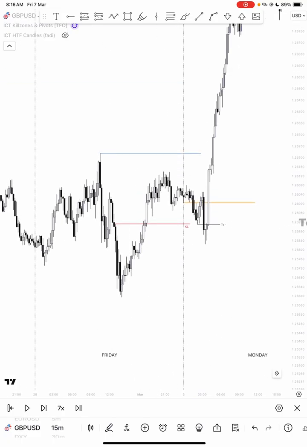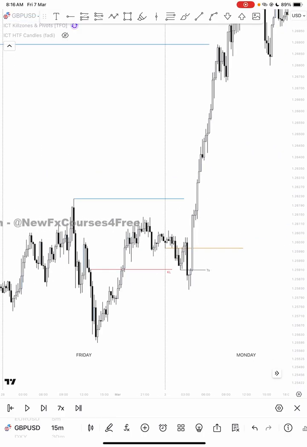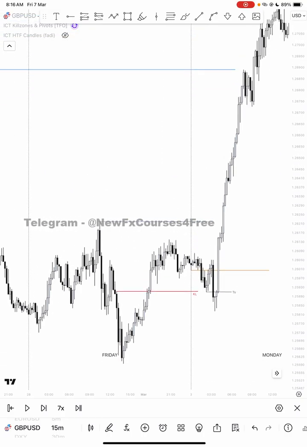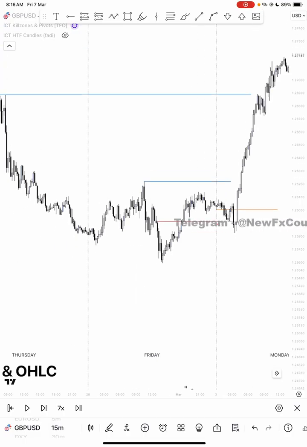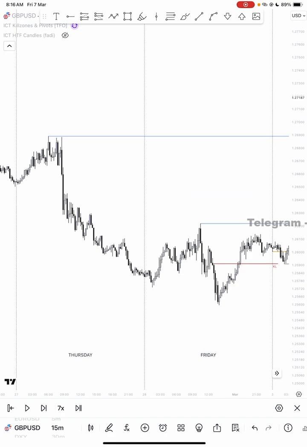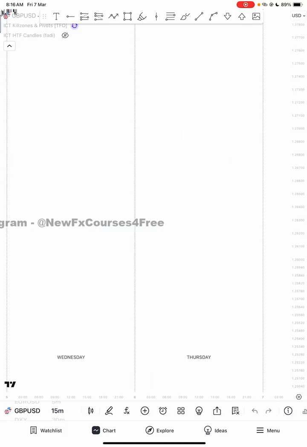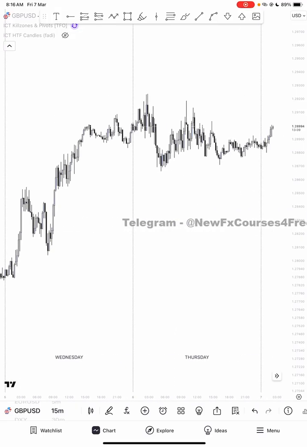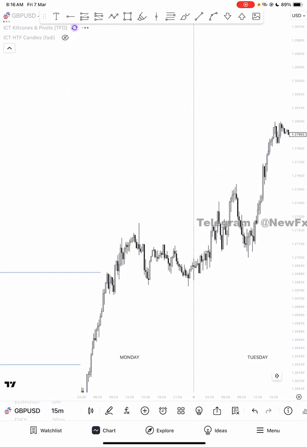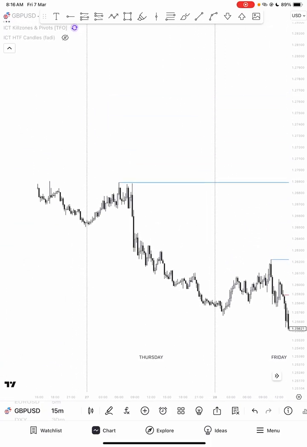So on a bullish day, buy below the opening price, buy low, and on a bearish day, sell above the opening price, sell high. So let's go forward. So let me use these price actions over here.